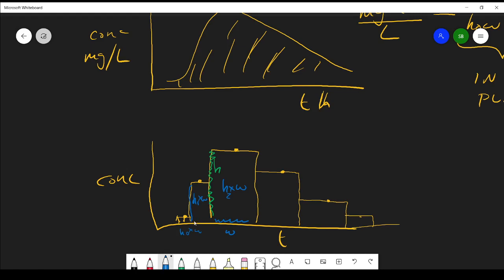But of course w is all the same, so this is a constant interval. So that basically means it's w times h1, this one here, plus h2, this one here, h3, to the last measurement.